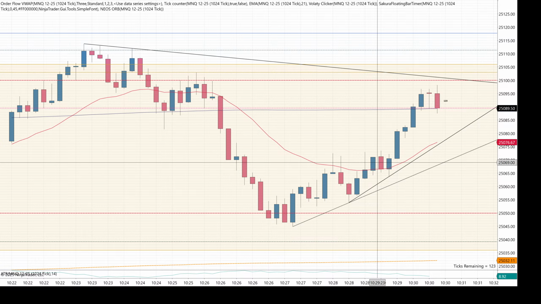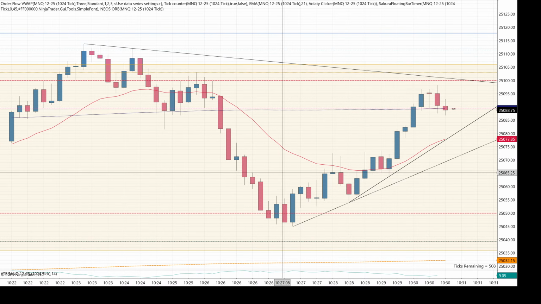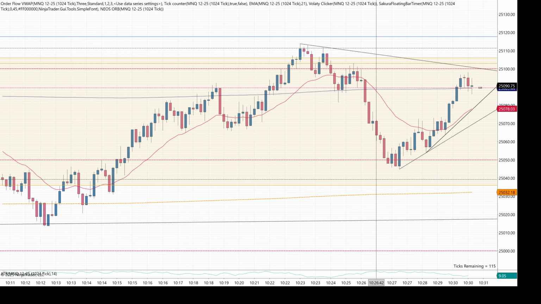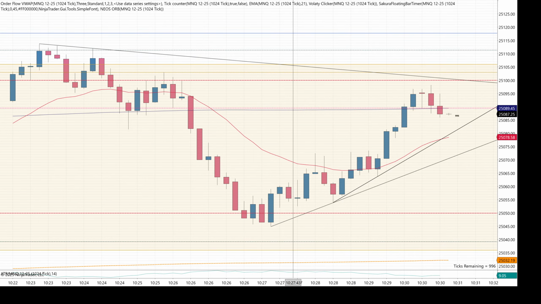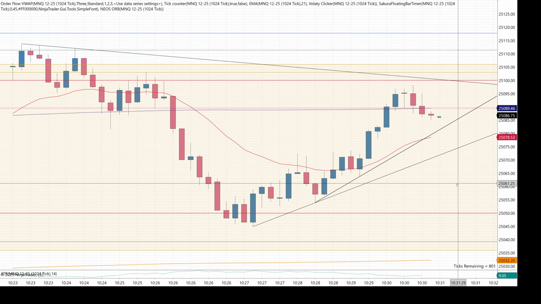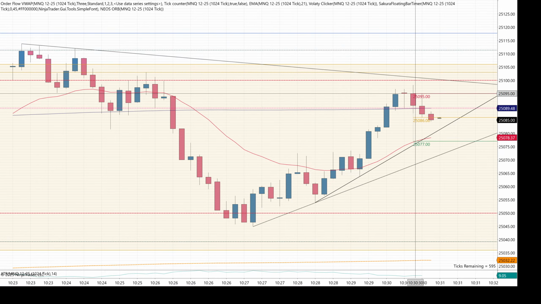Okay, the runner is out. This is a bearish signal here, but it's false positive. We don't have room before the trend line and the EMA.